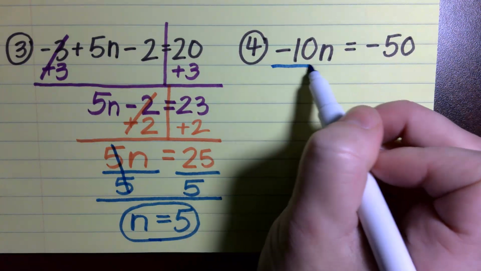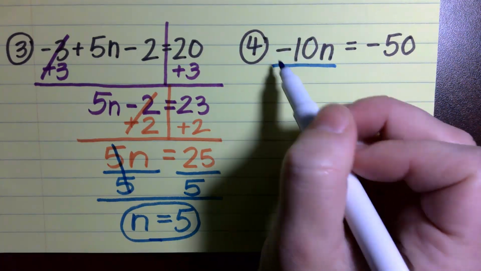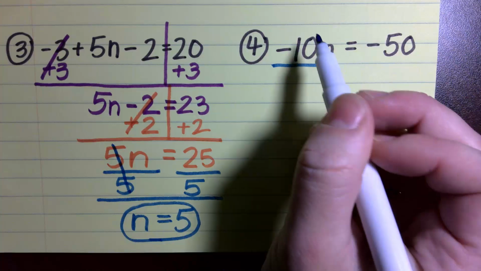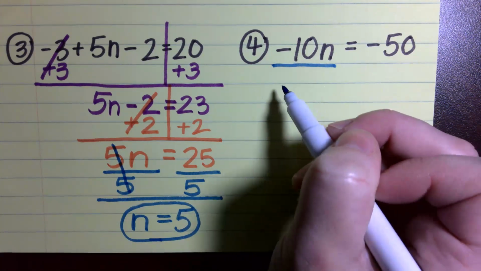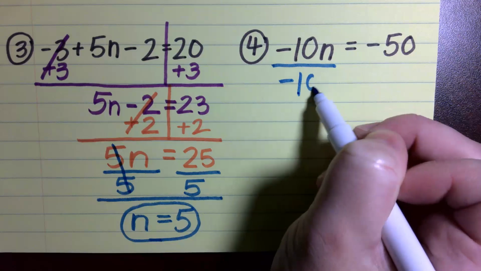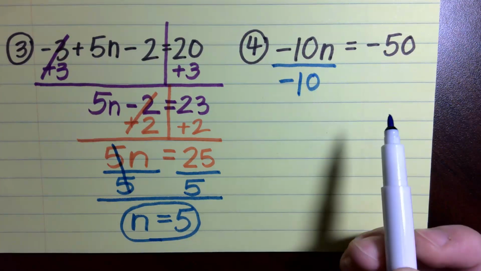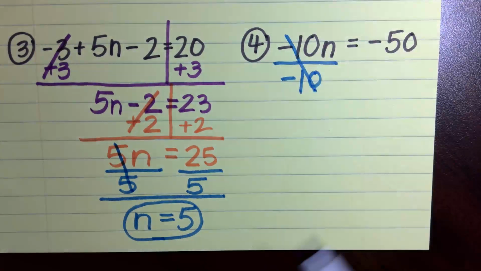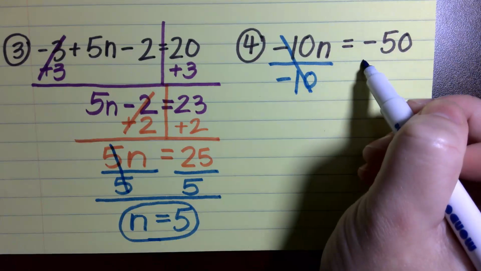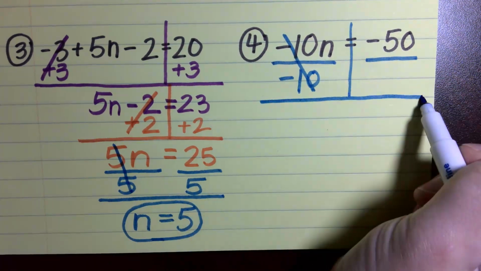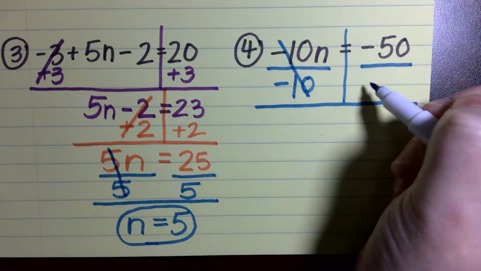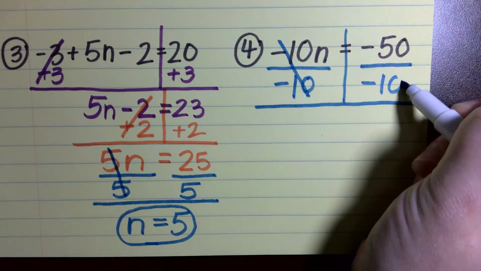Yes. If I have a negative number times my variable, to get rid of that, I have to divide by that same negative number. My signs stay on there. So I'm dividing by -10 to make my -10s cancel. And I'm also dividing on the other side of my equation, -50 divided by -10.